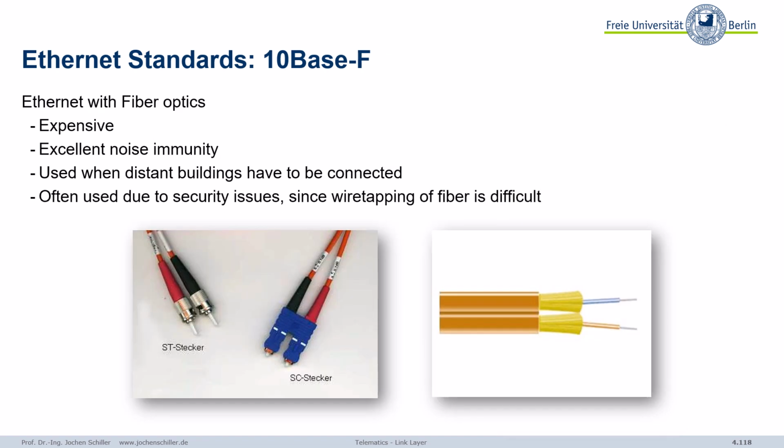The fiber with different types of plugs, ST, SC, etc. And you saw them pairwise, for the two directions. In here you had the fiber cores, some cladding around this, etc. So fiber was expensive, but was very nice when it comes to noise. So it was used to connect the buildings. So that was the starting point with 10 megabits per second.